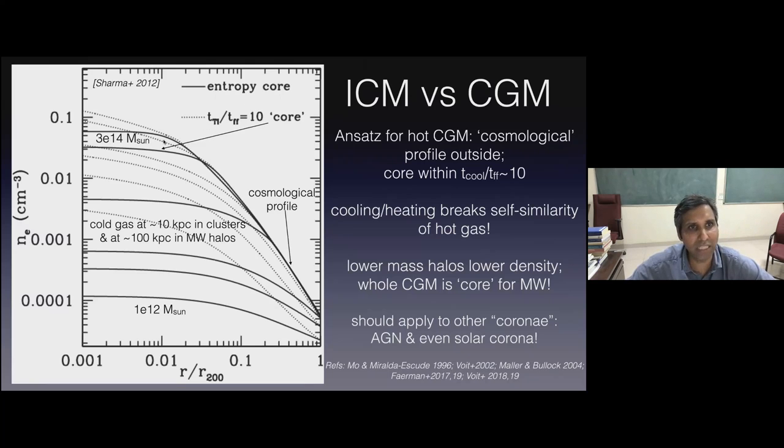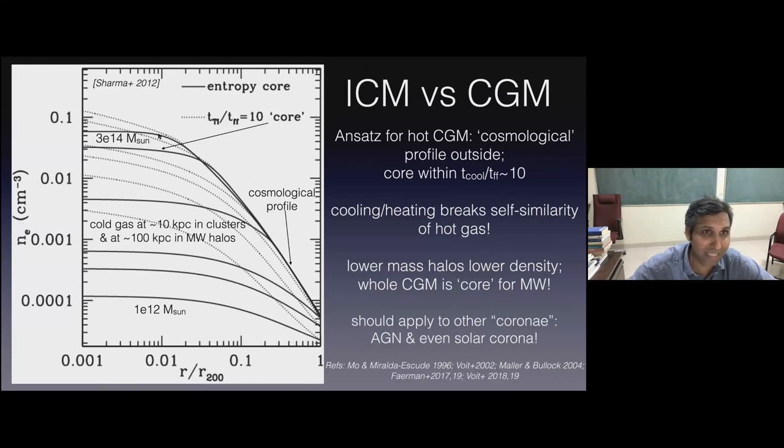And so these are actually models constructed for different halos, ranging from a Milky Way mass halo here at the bottom to a 3 times 10 to the 14 solar mass cluster here. The dotted lines correspond to a Tcool over TFF of 10 core, and the solid line corresponds to an entropy core. What this suggests is that the more massive halos, like clusters, should have denser hot gas in their center.